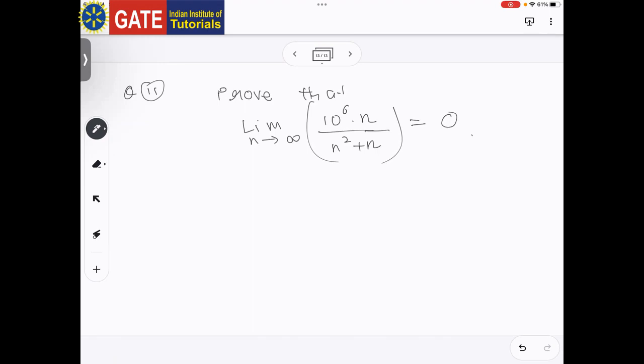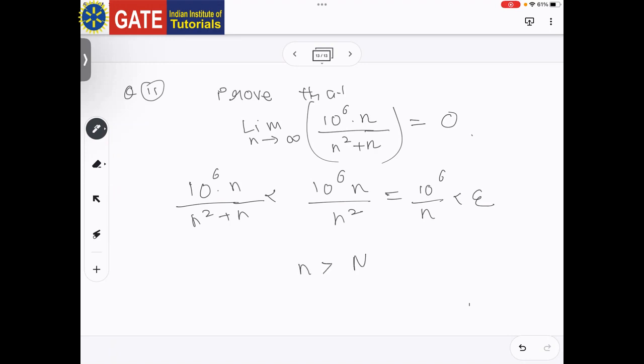Sir, in this N is equal to the greatest integer of 10 raised to the power 6 by epsilon. Yeah, so 10 raised to the power 6 into n by n square plus n is lesser than 10 raised to the power 6 into n by n square. Then this is same as 10 raised to the power 6 by n, which is lesser than epsilon. So your n has to be greater than capital N, which is the greatest integer of 10 raised to the power 6 by epsilon. Okay.